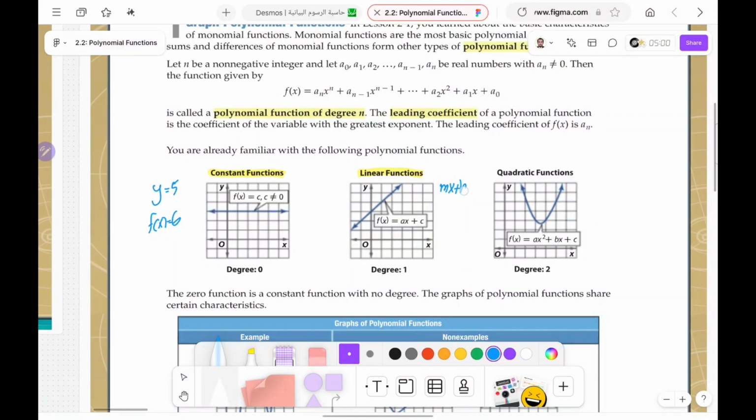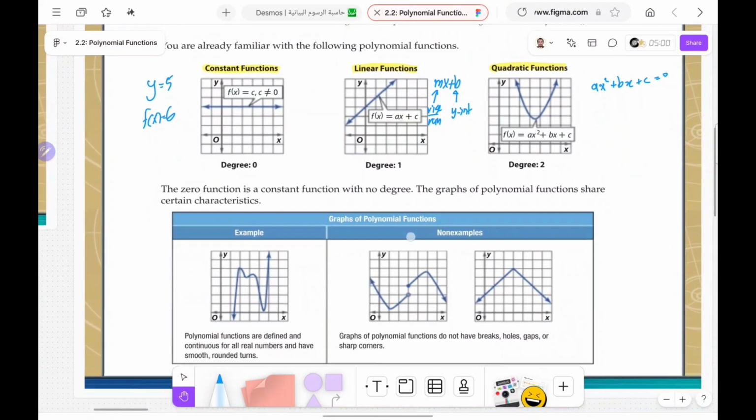If you need to graph any linear function, you start graphing from b, which is the y-intercept. Then you take the rise over run from the graph. Then we have the quadratic function, which you already know, ax squared plus bx plus c equals 0.